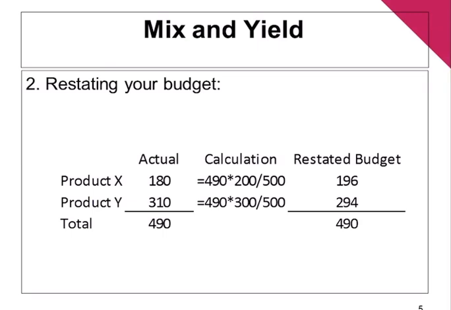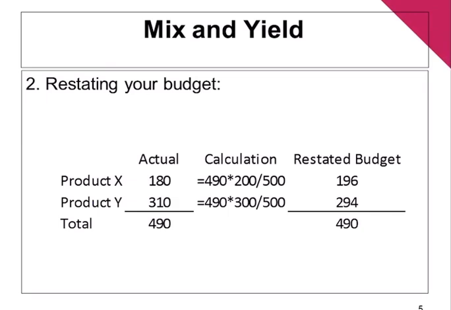But to get the restated budget of 196 and 294, you take your total units sold and calculate them by the proportion that X should have been sold in. X should have been in the proportion of 200 X's to 500 total units.